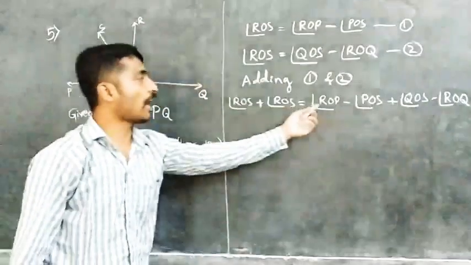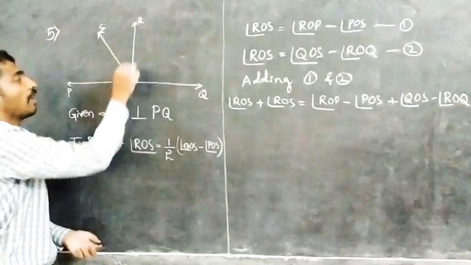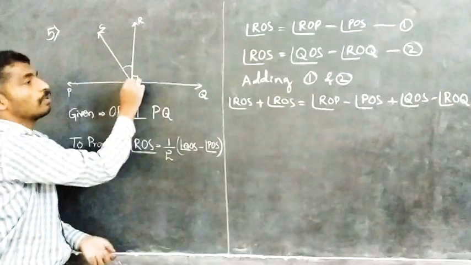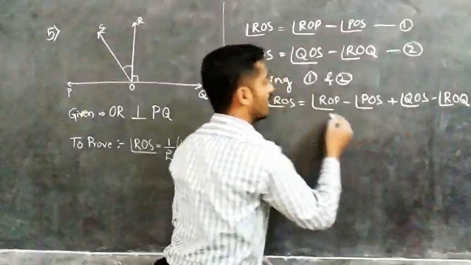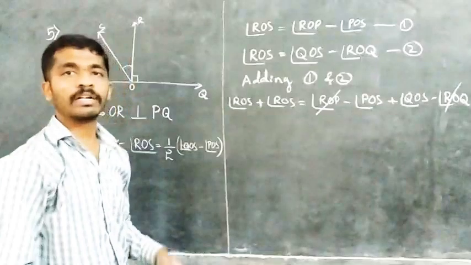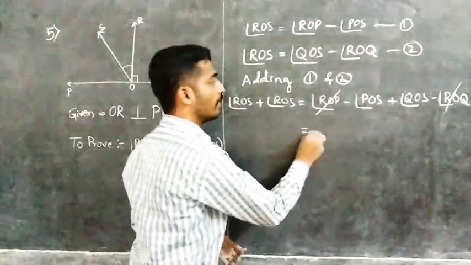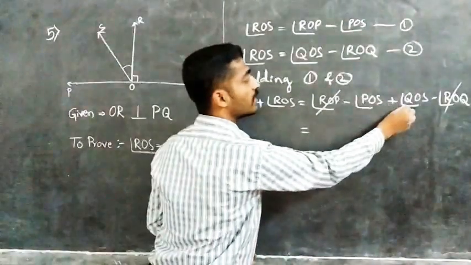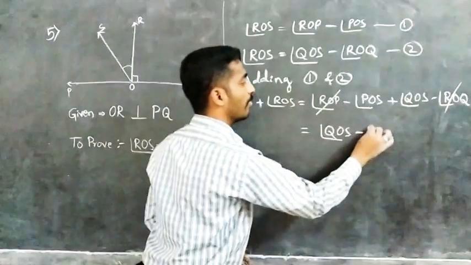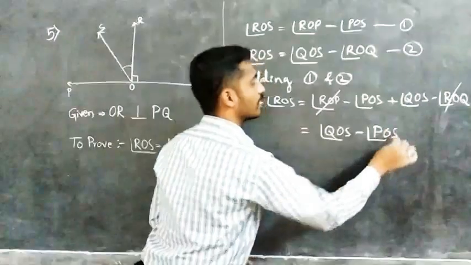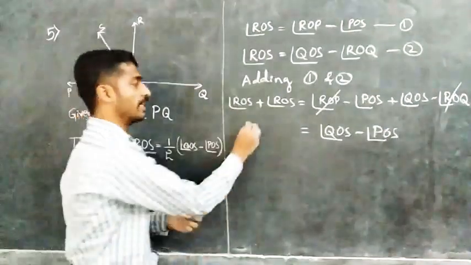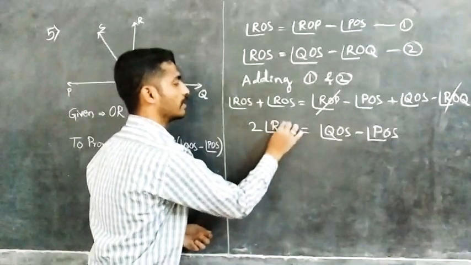Okay, see here ROP. This is 90 degrees and ROQ, that is also 90 degrees. So ROP minus ROQ, both are eliminated. What is left now? Plus QOS minus POS. So on the left side, ROS plus ROS, that is 2 ROS.